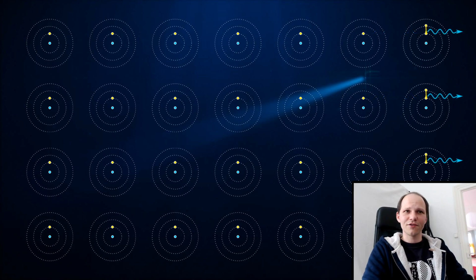Before I continue, I too will pause for a moment to mention that, as far as I understand, this is just a simplified model. For one thing, a photon doesn't interact with one but with an infinity of atoms at the same time, and it's a superposition of those interactions that gives the result.